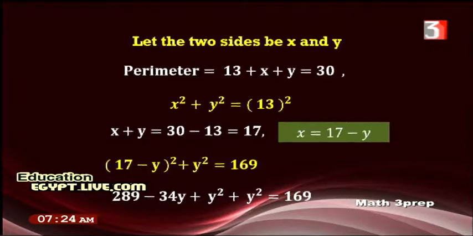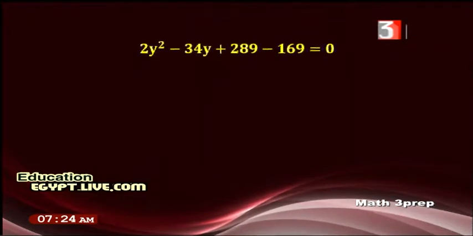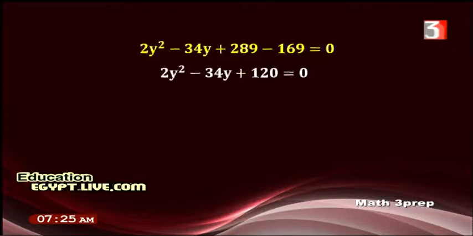And by collecting like terms, you are going to obtain a result as 2y to the power of 2 minus 34y plus 289 minus 169 equals 0. By collecting also like terms, it is 2y to the power of 2 minus 34y plus 120 equals 0.